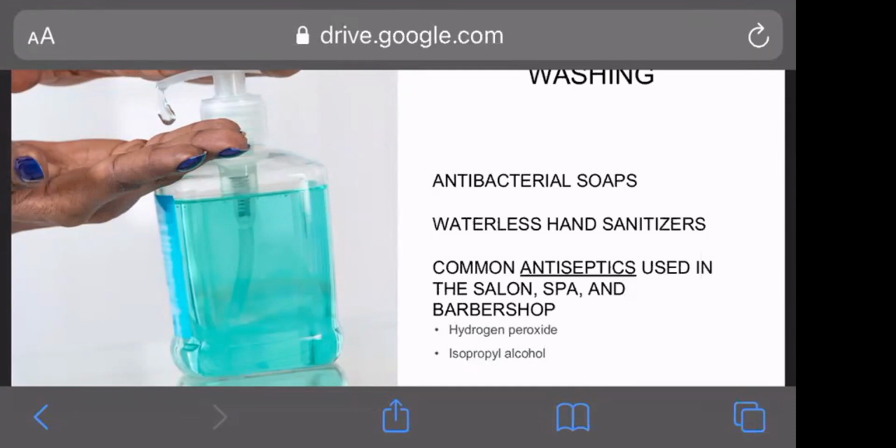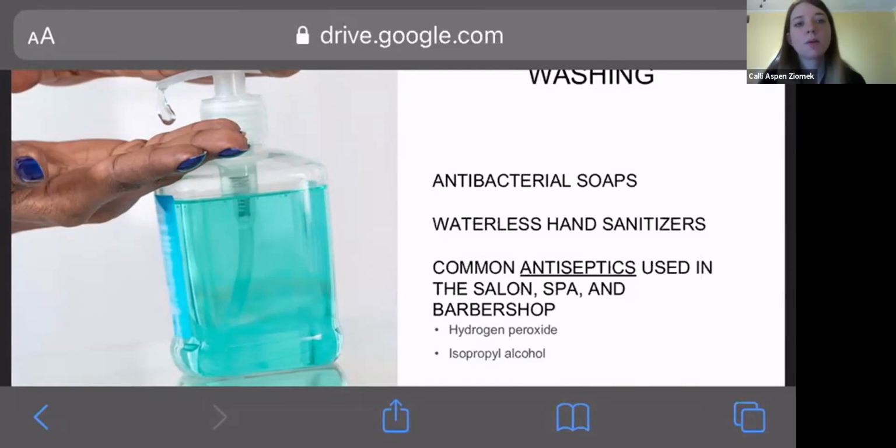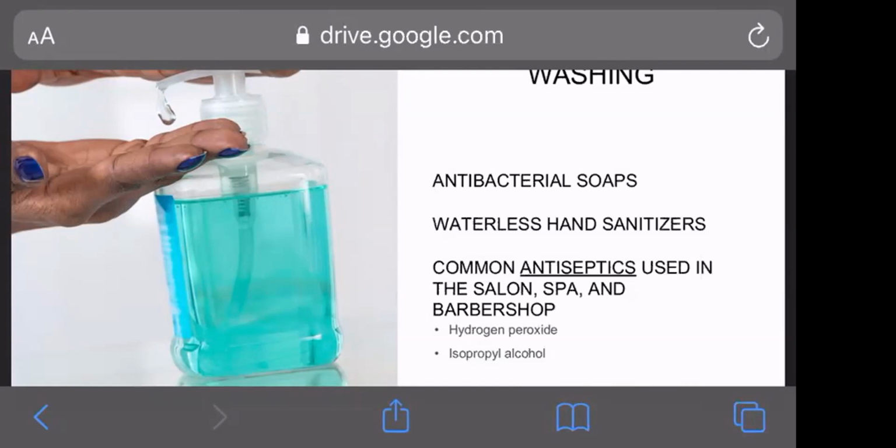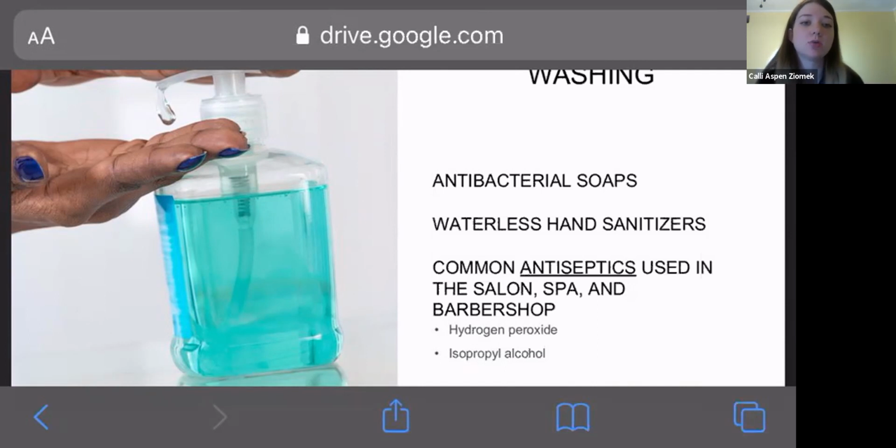I have a question. So when we start, what you're saying is we should clean our tweezers first and then sterilize them. Do you suggest that machine? Because I've seen people use that steam machine. The steam machine is a good one. A UV light sterilizer or sanitizer is also a good option.